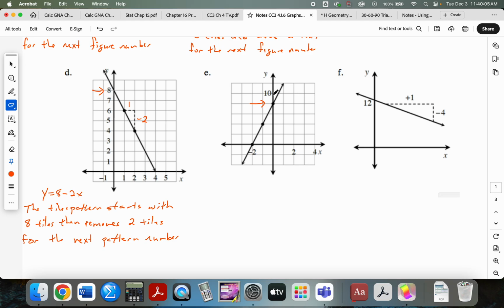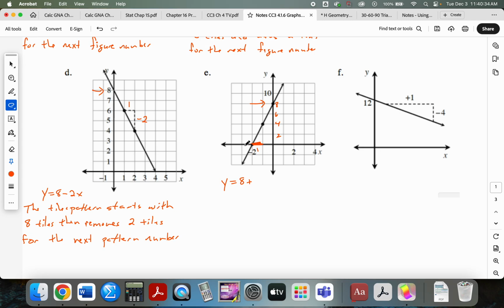Because if that's 10 and these are equally spaced, then each of these must be 2. So y is equal to 8 plus, let's see. Now, how far over have I moved to the right if I go from here to here? It's only 1.